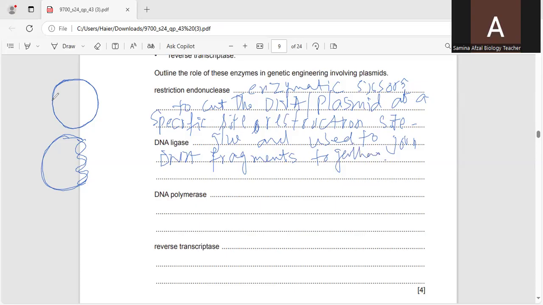And the next is the DNA polymerase enzyme.